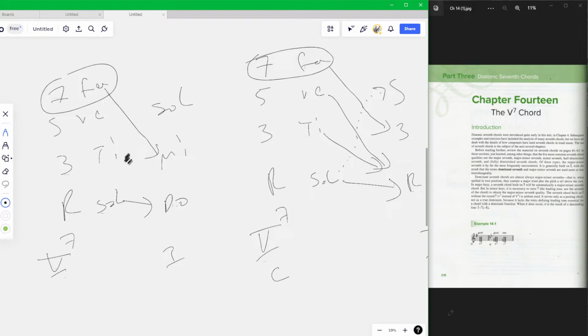Okay. Ti. You know, Ti is kind of close to Sol. I mean, it's only a third away from Sol. How far away is Re from Sol? It's a fifth, or a fourth if you invert the interval.